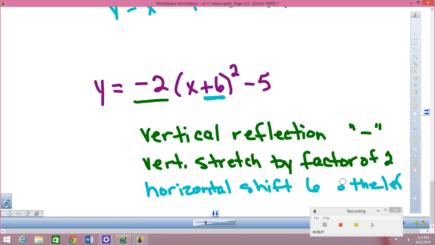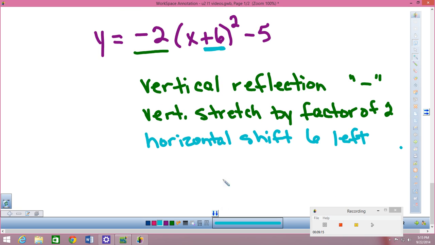Let's just say shift 6 left. Don't have room. So 6 left. Okay? And then the last part here is minus 5, means that my graph is going to have a vertical shift five down.